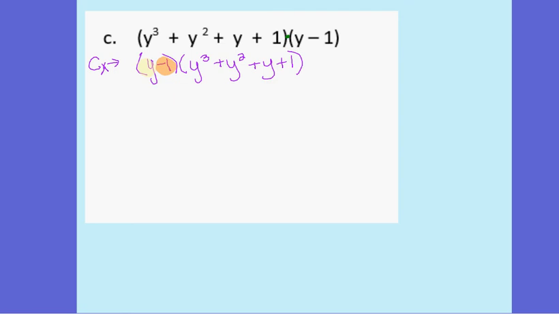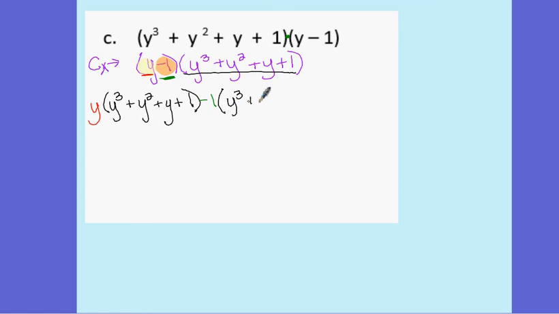Let's start off with distributing y to the polynomial of 4 terms. I may have misspoken before and called it a trinomial, but this has 4 terms. Y times that polynomial, and now negative 1 has to distribute to the same polynomial: y cubed plus y squared plus y plus 1.